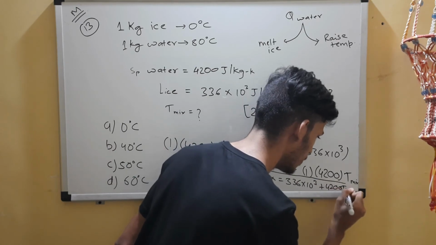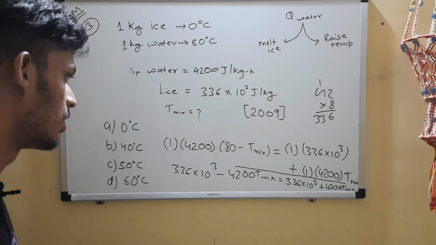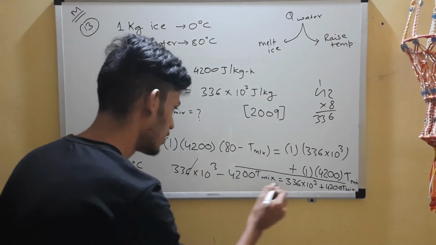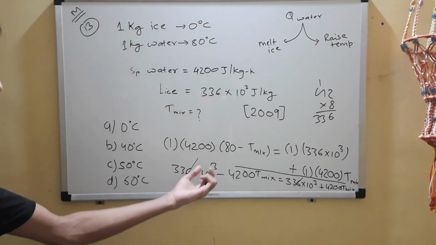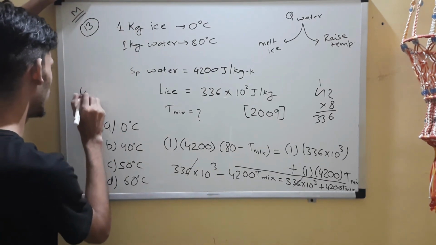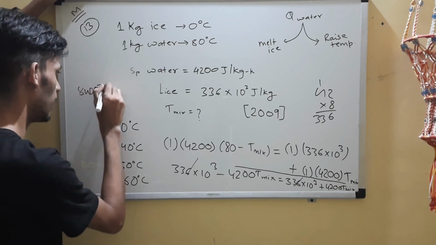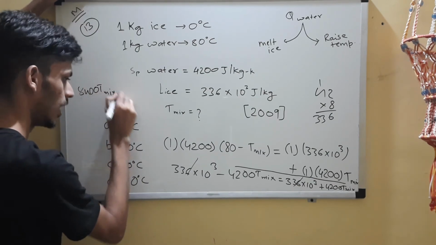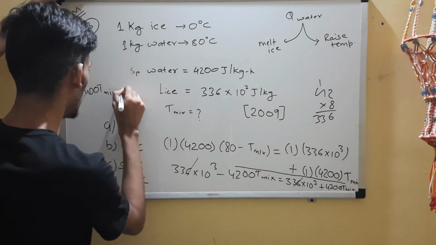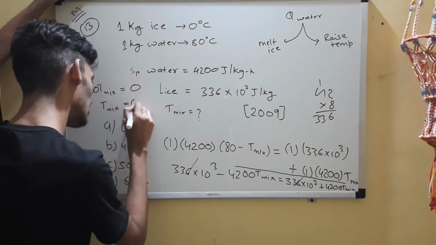You can see that this and this will get cancelled, 336 into 10 power 3, 336 into 10 power 3. So you'll be left with 8400 T mix equal to 0, which means the temperature of the mixture is 0.